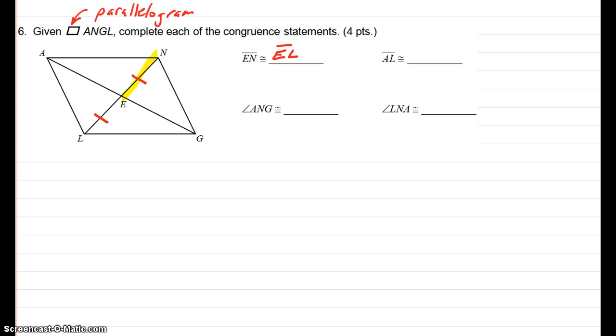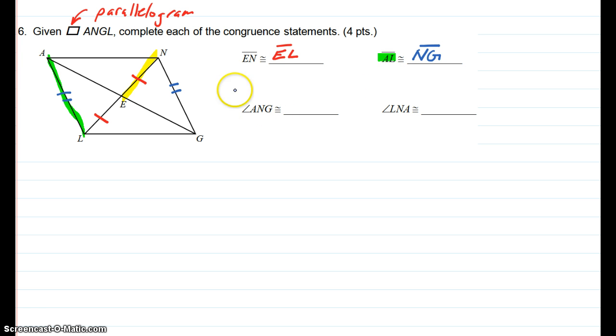Okay, now let's take a look at AL. So AL is here, and one of the properties that we've talked about is that the opposite sides of a parallelogram have to be congruent. So AL would have to be congruent to segment NG.